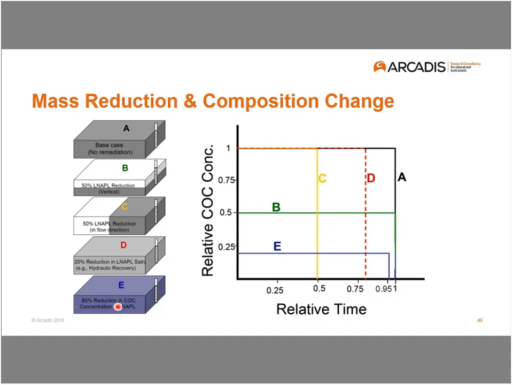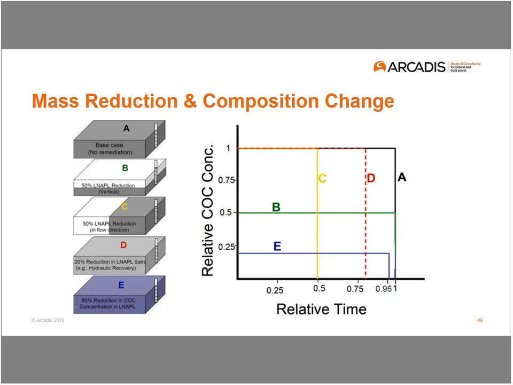Lastly, if I can do something to change the concentration of a particular constituent of concern in the LNAPL, say I reduce the concentration of that constituent in the LNAPL by 80%, then because of Raoult's law, I'm going to reduce the concentration of that COC in the groundwater by 80%.